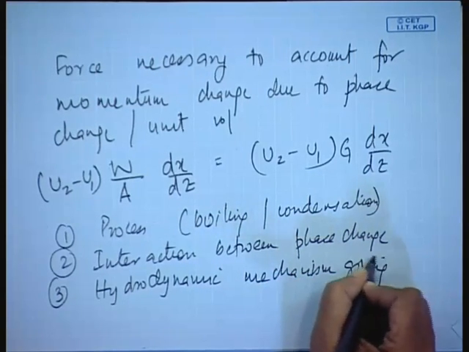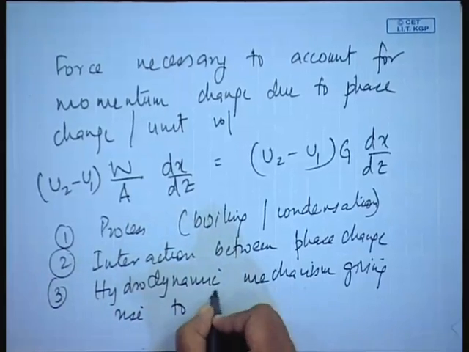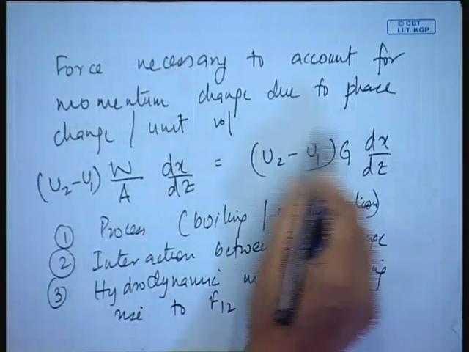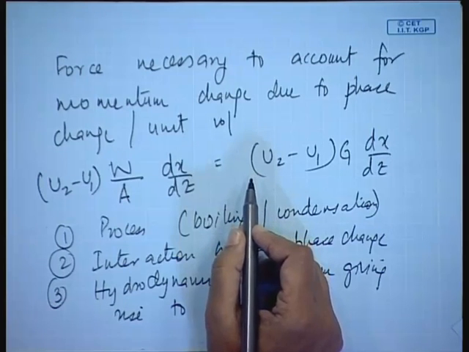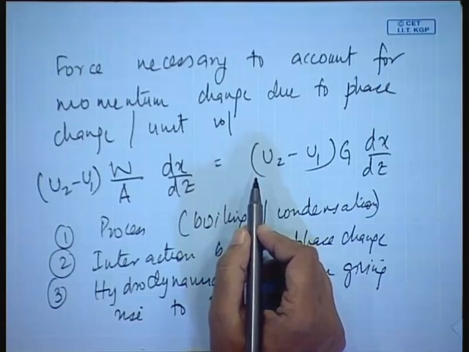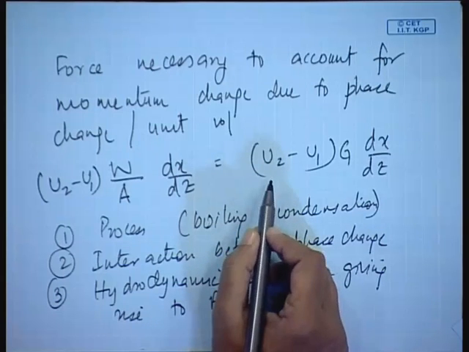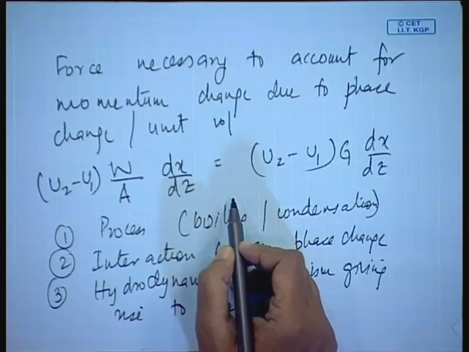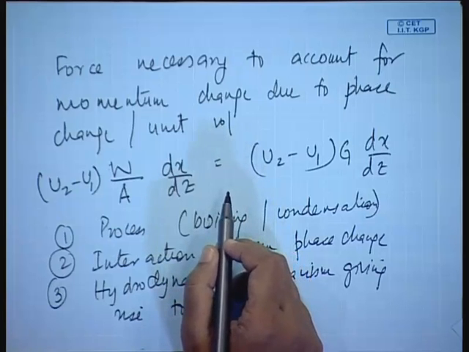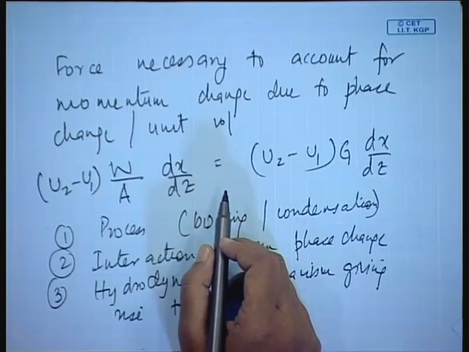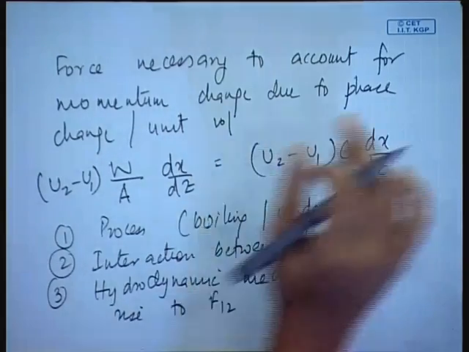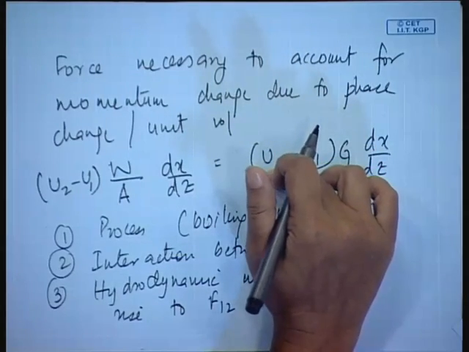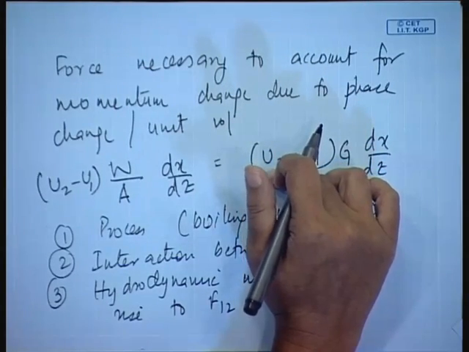So, all these things, unless you know, you cannot find out what fraction of this force should be given to phase 1 and phase 2. For example, suppose there is an evaporating droplet. For that particular case, the drag force will depend upon the rate of evaporation, isn't it? So, therefore, at this juncture we are not in a position to find out what fraction of this particular force should be given to phase 1, what fraction should be given to phase 2.